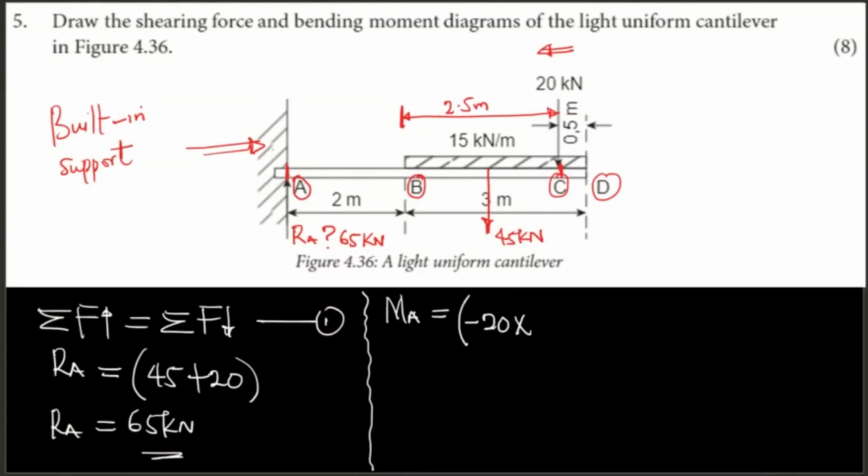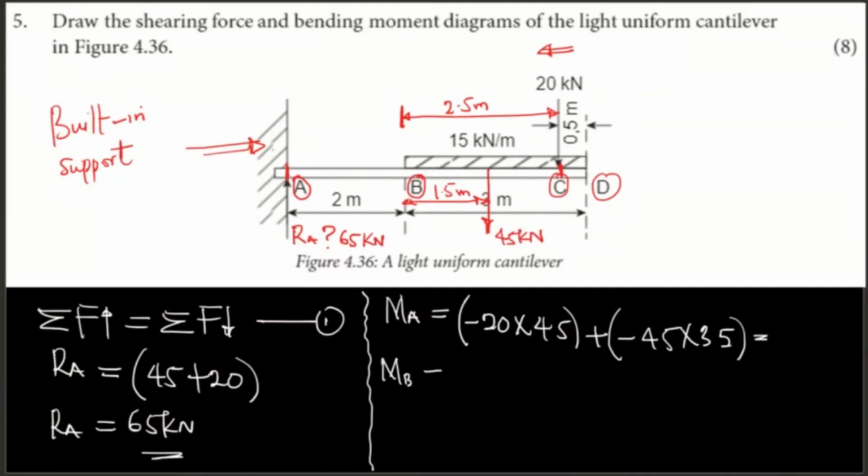So that is 3 minus 0.5. So it's going to be 2.5 plus 2. So it's going to be 4.5. Then plus, I have my minus 45 there, multiplied by 3.5. This distance here is 1.5. 1.5 plus 2 will give me what? 3.5. Can someone give me the value of the moment at A?